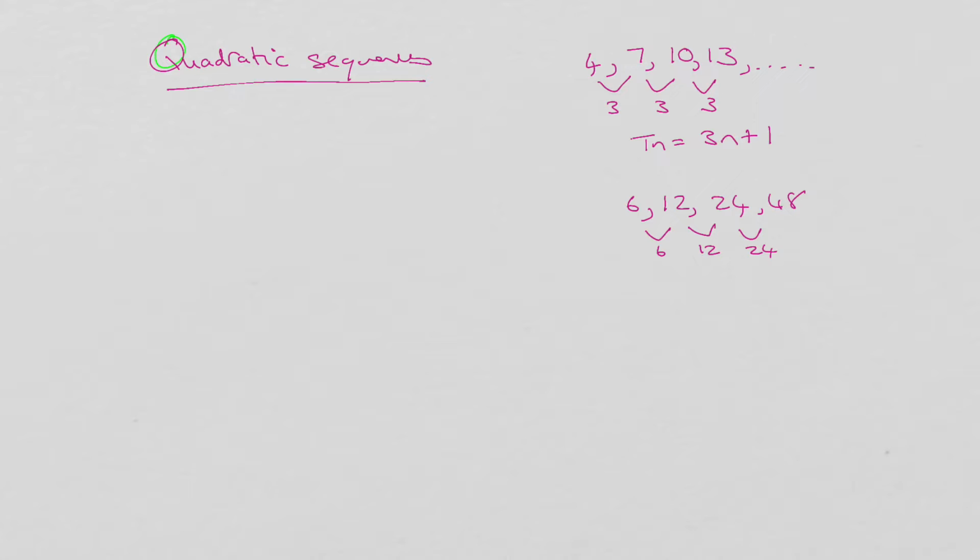And so then you're going to look for a ratio instead, and you're going to say r is equal to 12 over 6. Remember, this is every term over the preceding one. In order for it to be geometric, it must work for all of them. And then r is equal to 2, and then our sequence is going to be tn equals our first term, 6, times 2 to the power n minus 1. So those are the two sequence types that you're supposed to know for now.